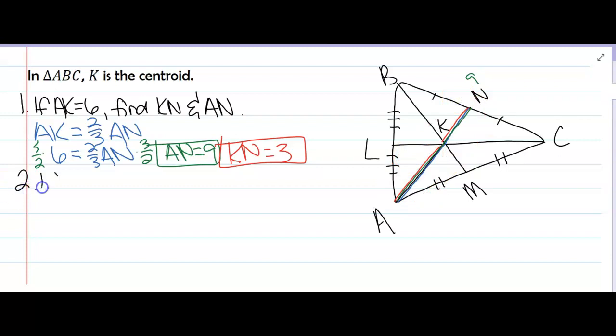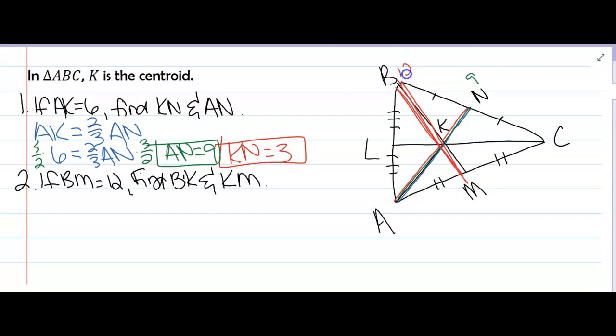Number 2 says if BM equals 12, we want to find BK and KM. Now, this time they give me BM. This time they give me that entire median. They tell me that the whole median is 12, and then we want to find the two separate parts.